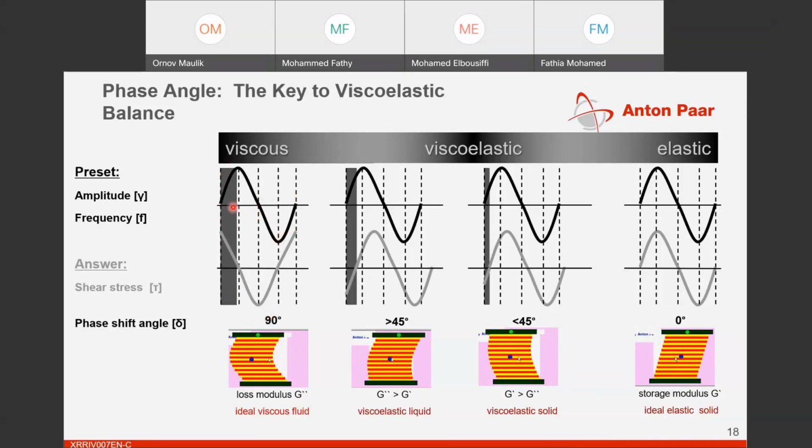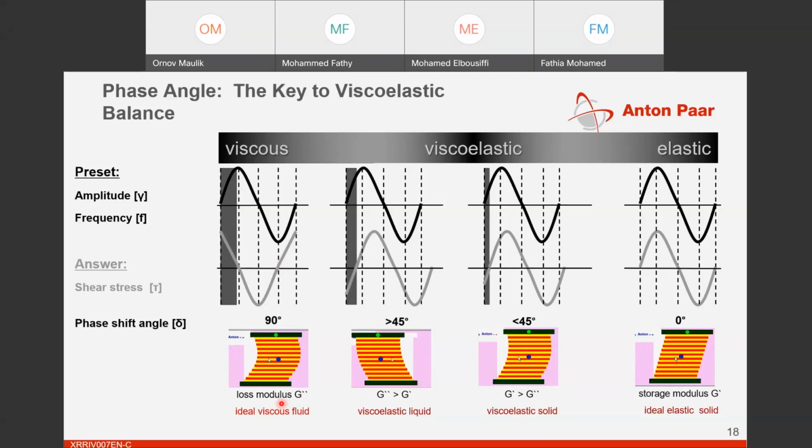Now, when you input a certain deformation to your material, the response that your material gives will define its property. The phase lag, meaning the lag between the input signal and the output signal, gives you the value of the phase angle, that is delta. For example, if your phase shift angle is 90 degrees, that means your output signal is 90 degrees out of phase with your input signal.